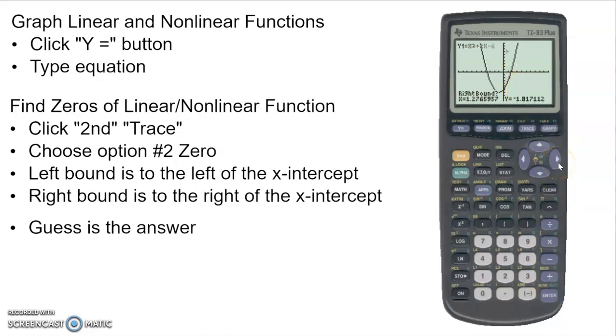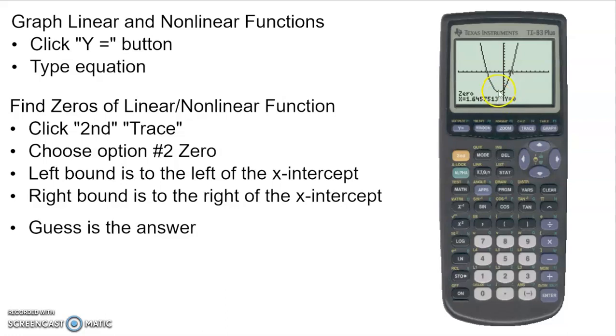Then right bound means I have to keep going to the right. Again, if I drew a vertical line across the x-intercept, I just have to be to the right of that, and you can see the blinking cursor is to the right of it, above the x-axis. Hit enter, guess, hit enter a third time, and it'll tell us that when y is 0, x would be about 1.65. So that's how you can find the zeros with a linear and a nonlinear function.